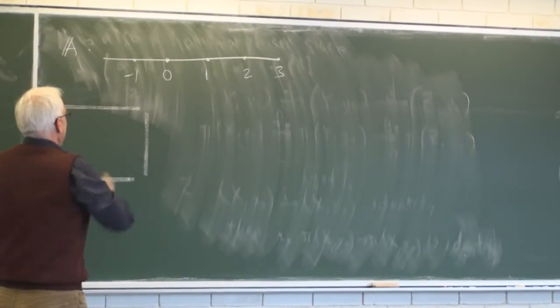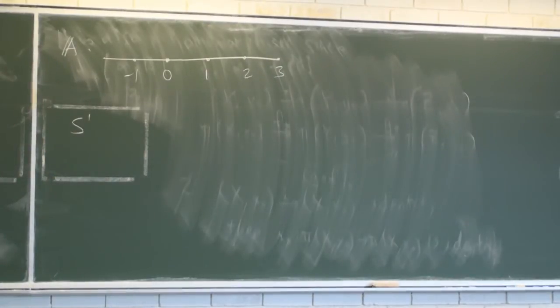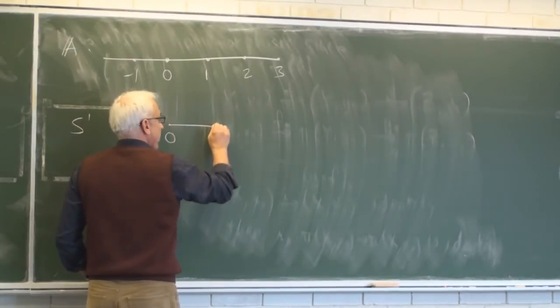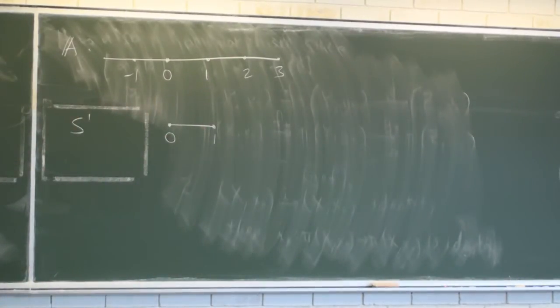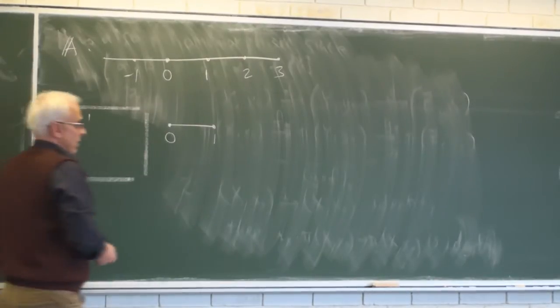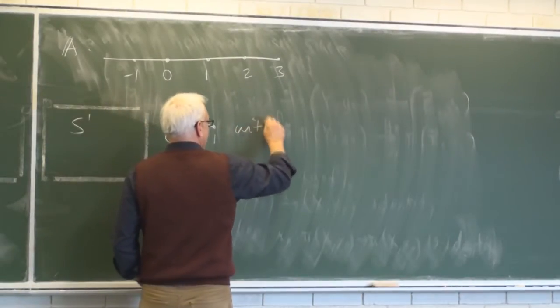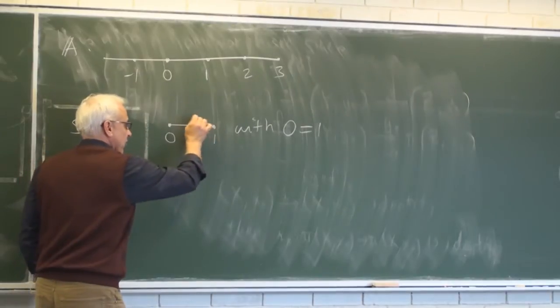And for this purpose, we'll think of the circle as being the interval 0, 1 with the 0 point and the 1 point identified. So the circle is 0, 1 with 0 equals 1. So we're identifying these 2 points.